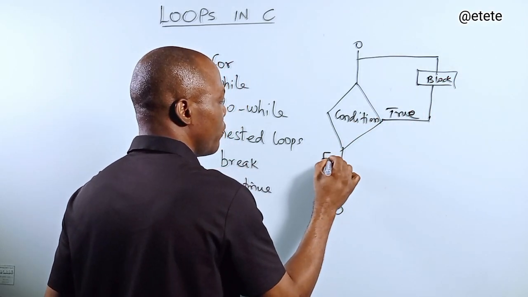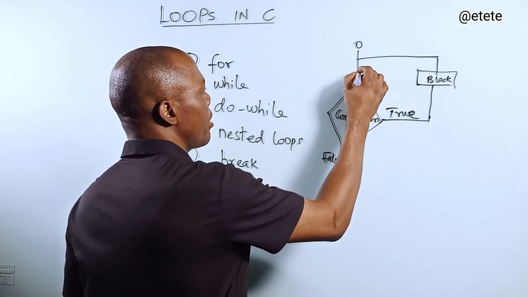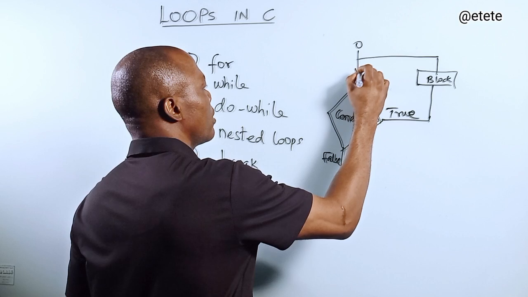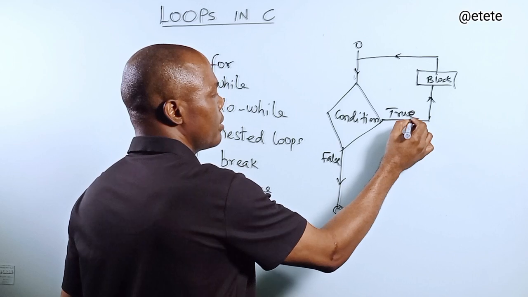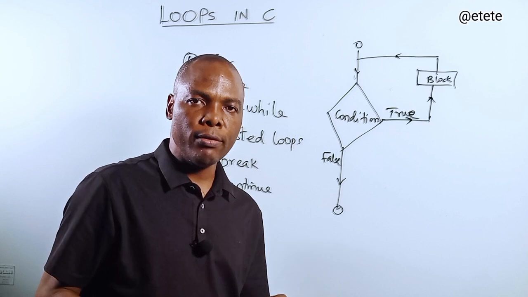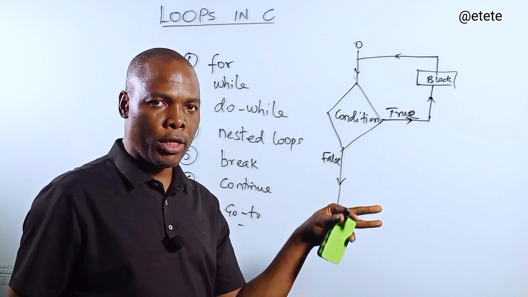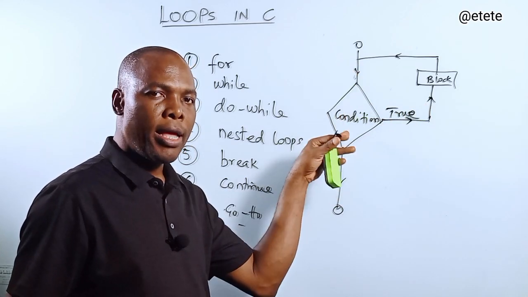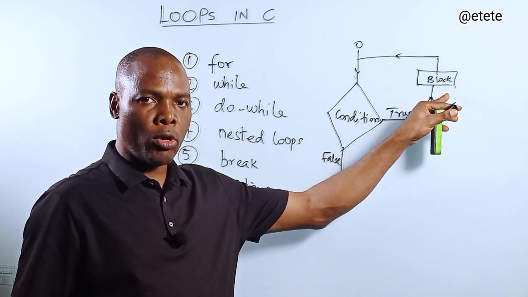If the condition is false, you don't enter the loop, so you come out like this. This is the flow chart for a loop. For any of these loops, it's something of this nature. You just go back and keep testing the condition. As long as the condition is true, you go in and execute the block of code.